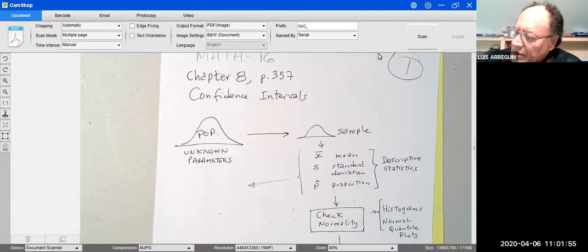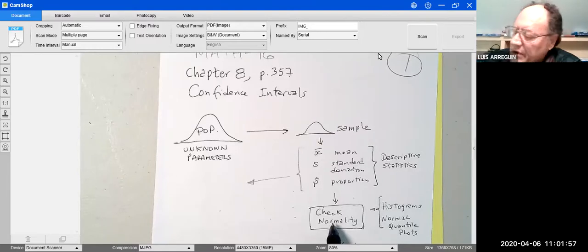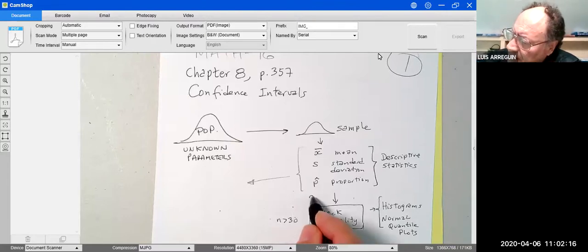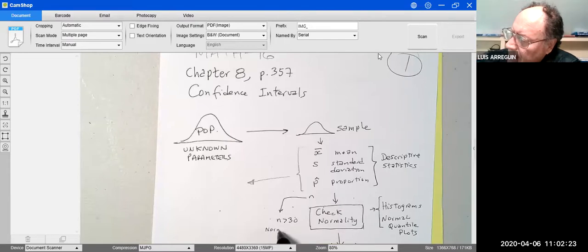Then we learn about checking normality, because many of the procedures that we're going to follow only apply if you are dealing with a population that is normally distributed, or whether the sample size is greater than 30. Maybe you remember that.